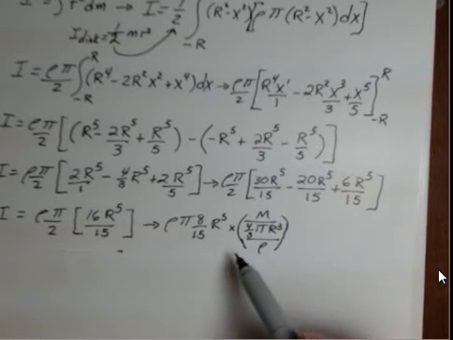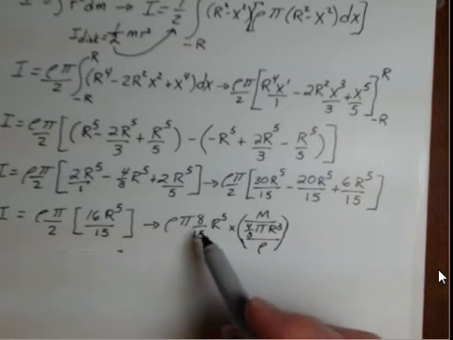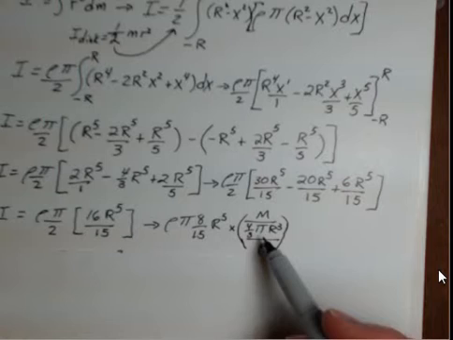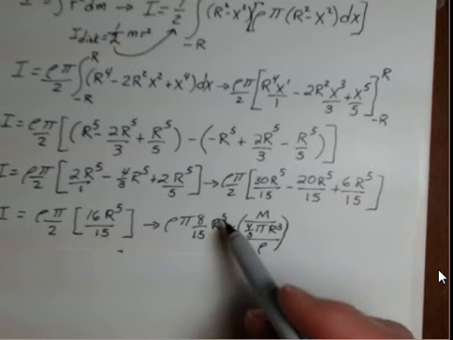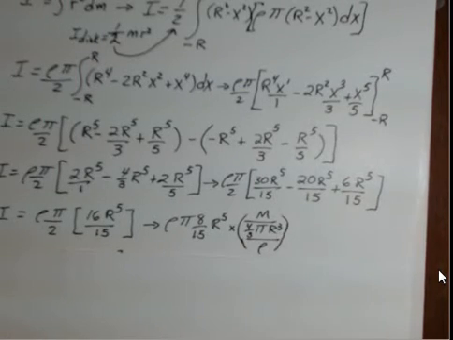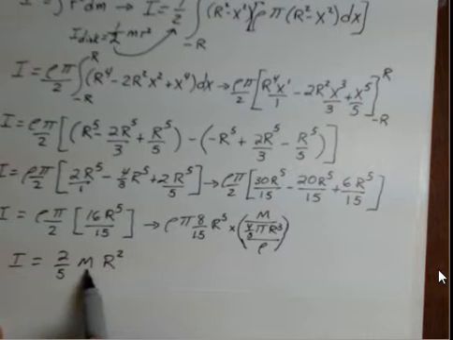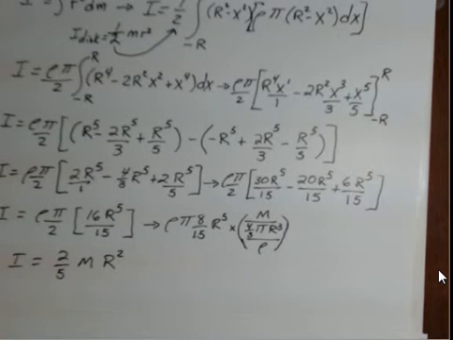And we're going to get lots of cancellations here. The rhos are going to cancel, the pi's are going to cancel, r to the fifth and r cubed partially cancel. We get an r squared, and we're left with I equals 2/5 m r squared, the mass of the sphere and the radius squared of the sphere. And that's our result for the rotational inertia for a solid sphere.